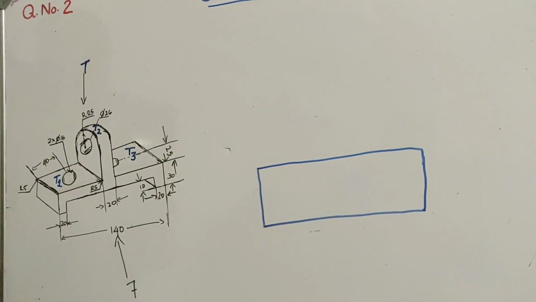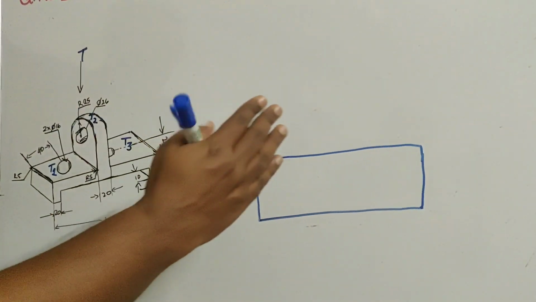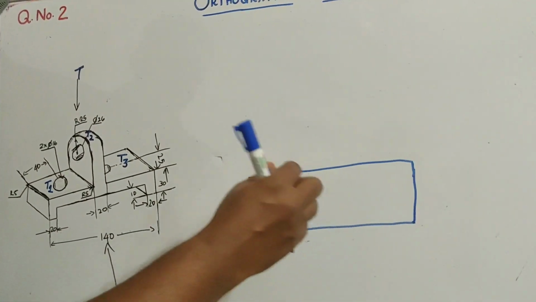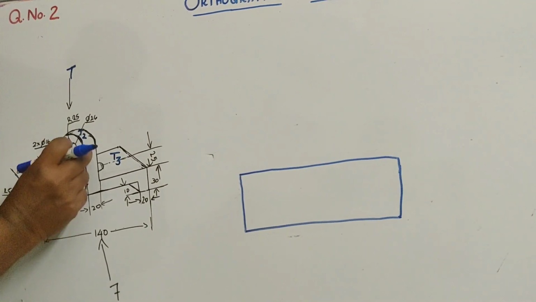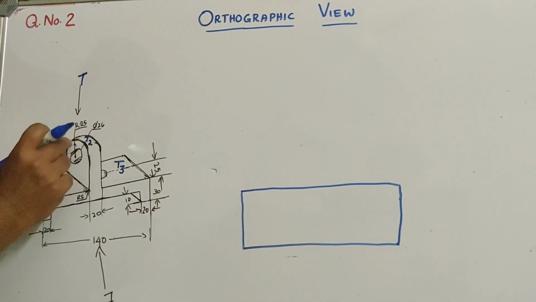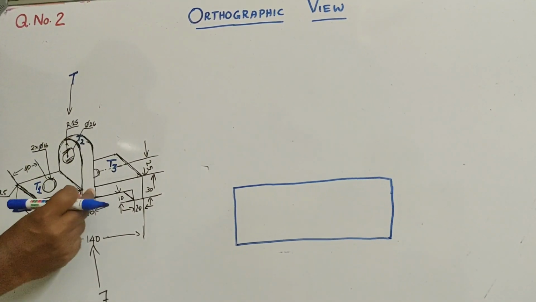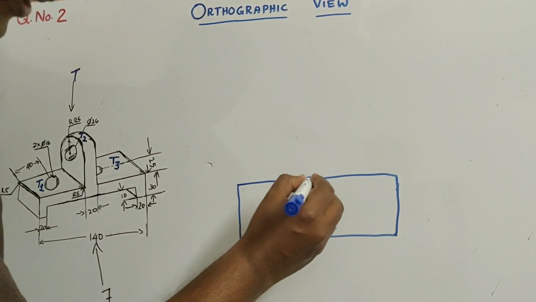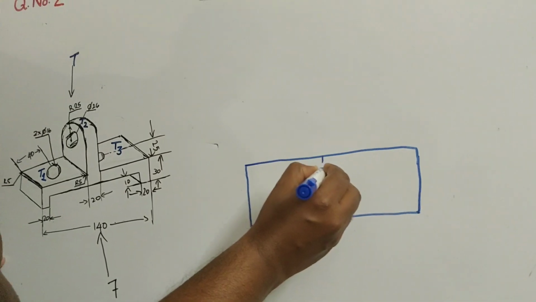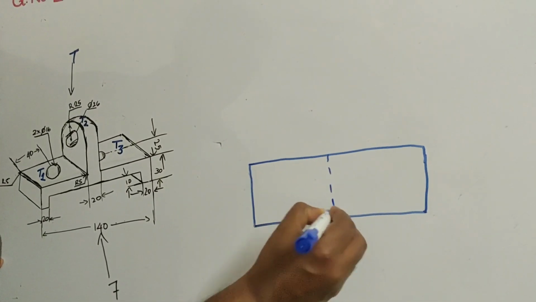Okay. Now, anyway there will be a separation in the middle. How you can find out that? The separation is actually 20. This curved portion is the separation. The width of that is actually 20. So, first of all you should have the center line. Okay, center line.